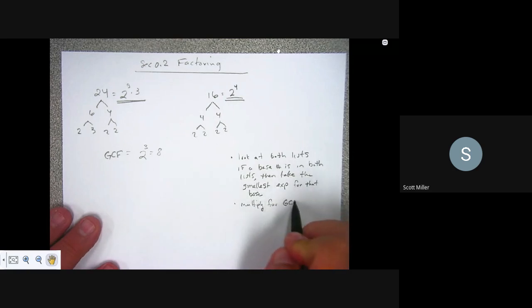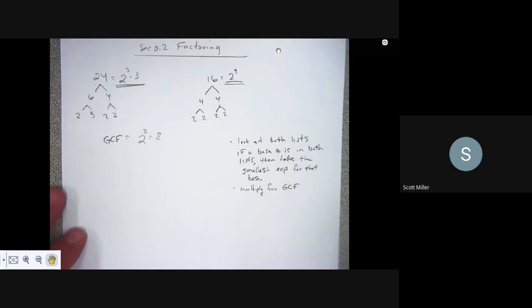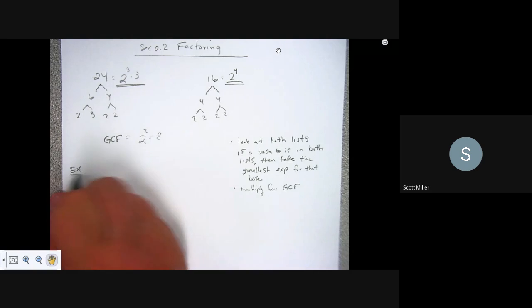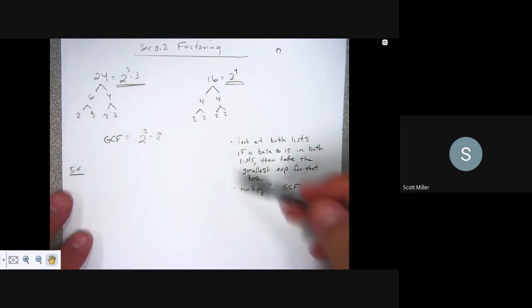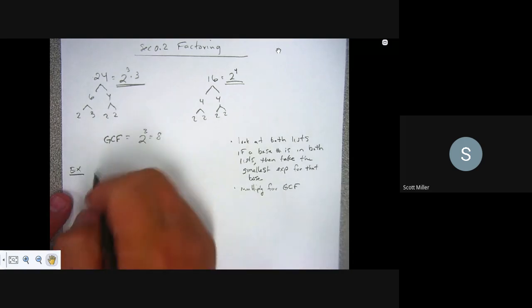And I'm going to show you another example here to illustrate this with letters, so we don't have to do more numbers. Here's an example with letters and why this technique is what you want to use when we start dealing with polynomials or algebraic expressions, trying to find a GCF.